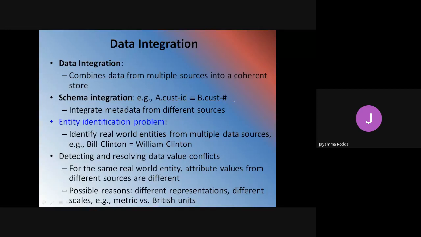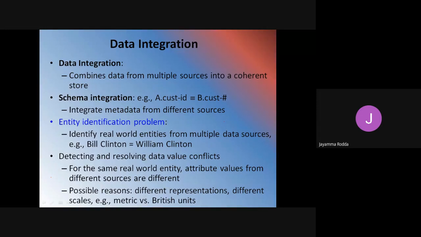How can equivalent real world entities from multiple data sources be matched up? In which way are you going to match them? This is called the entity identification problem.